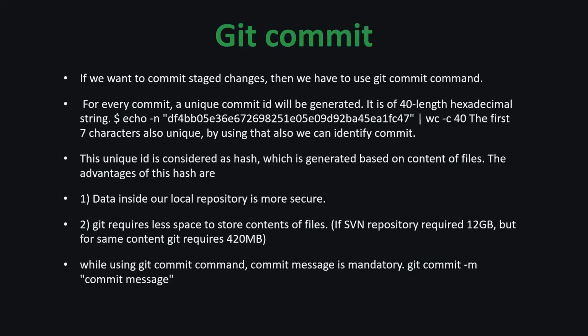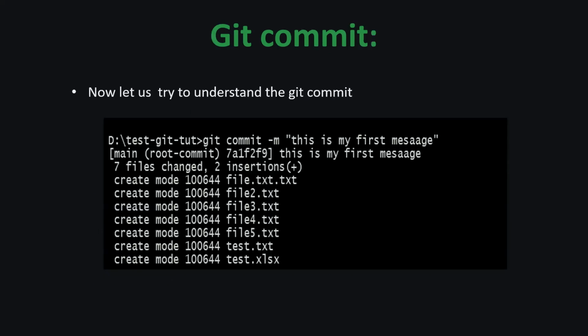To commit staged changes, we have to use git commit. For every commit, a unique commit ID will be generated. It is a 40-character hexadecimal string, and even the first seven characters are unique. Thus, by using it we can identify a commit.